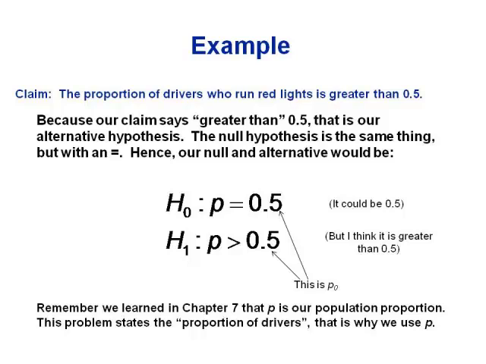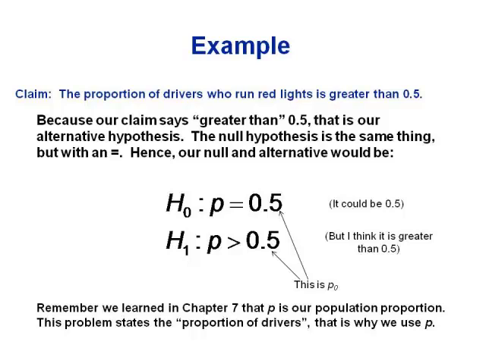So let's say I have an example. I did a study, and in my sample it looks like the proportion of drivers who run red lights is greater than 50% or 0.5. So my sample made it look like it was probably more than 50%, so that's my claim.